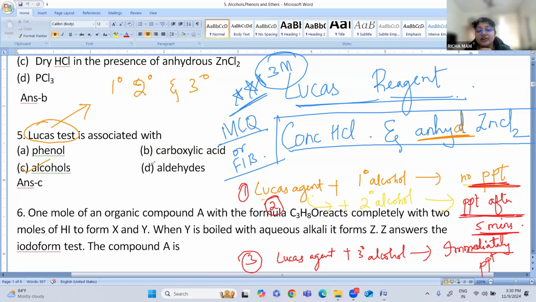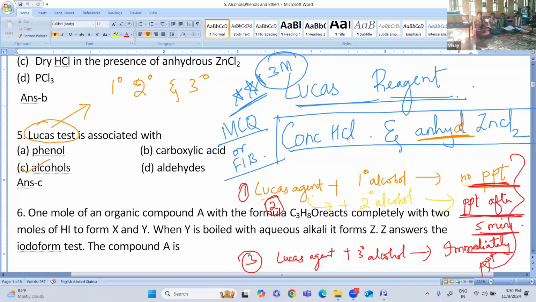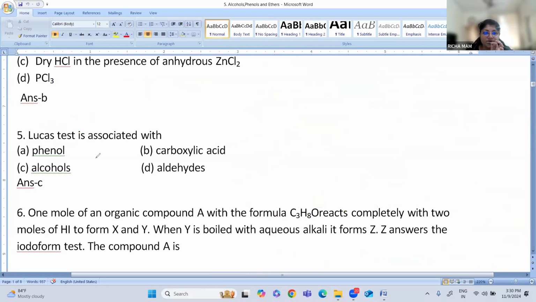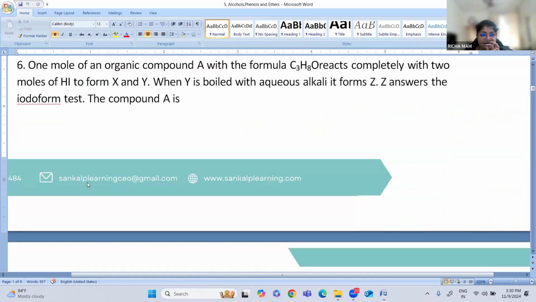If your secondary alcohol has reacted with Lucas reagent, you are going to get PPT, but after 5 minutes. This is a very important question asked for theory, also in your board exam. Lucas reagent is used for differentiating primary, secondary, and tertiary alcohol. Okay, let us go for the next one.